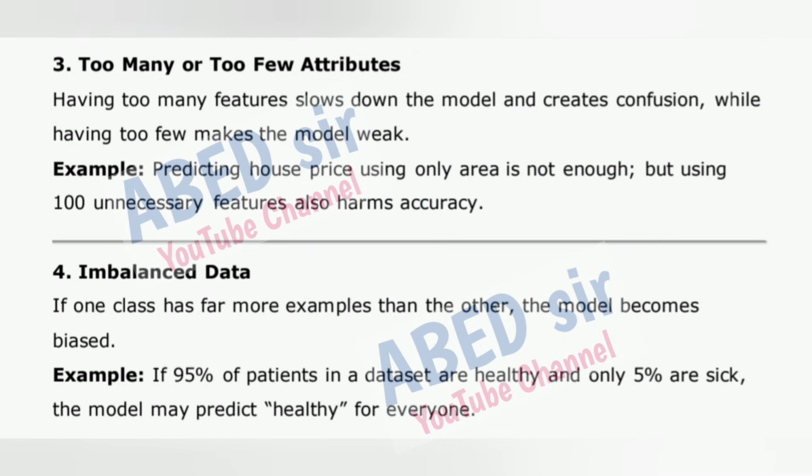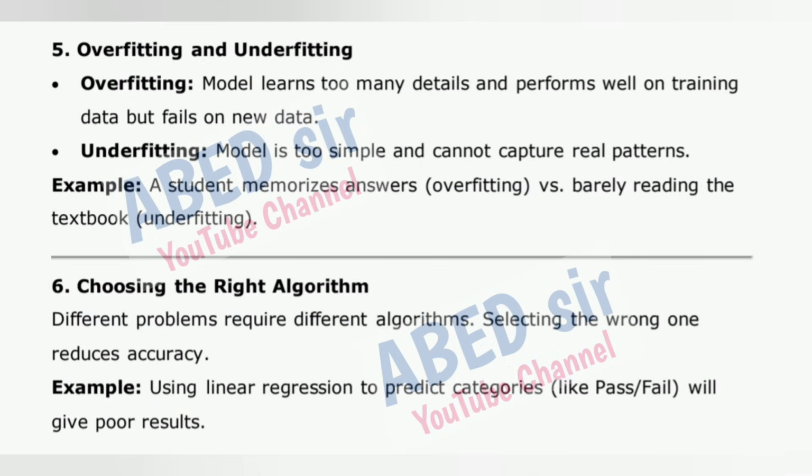Imbalanced data. If one class has far more examples than the other, the model becomes biased. Example, if 95% of patients in a dataset are healthy and only 5% are sick, the model may predict healthy for everyone.